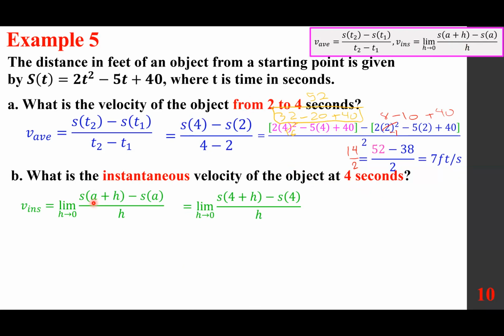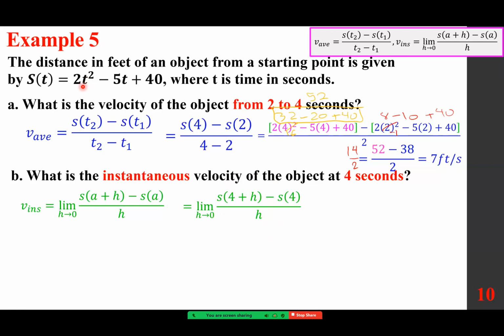So s of 4 plus h minus s of 4 over h. So again, just look at this one, simplify this fraction, and when you're done, take a limit. That's really the bottom line, which is a few algebraic steps.